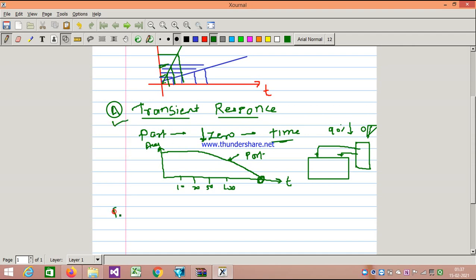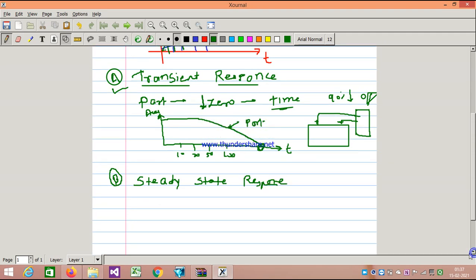The second classification of time response is the steady state response. What is the definition of steady state response?